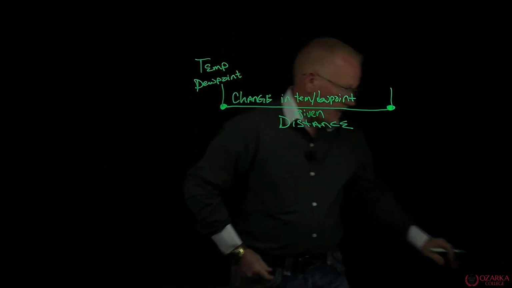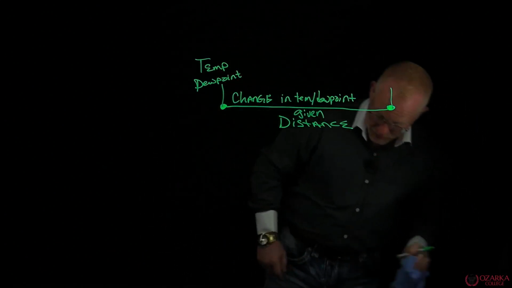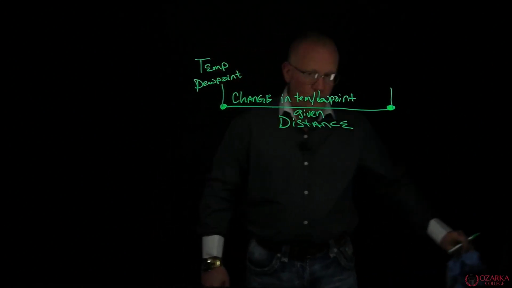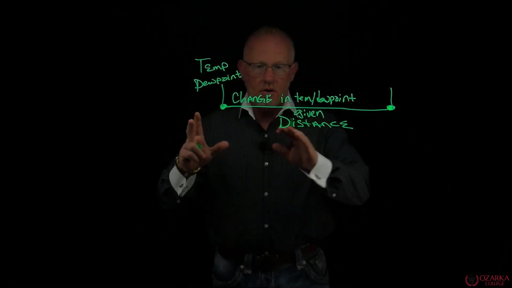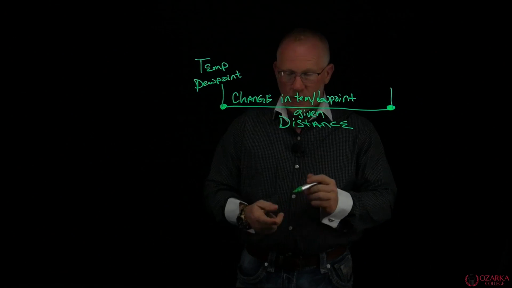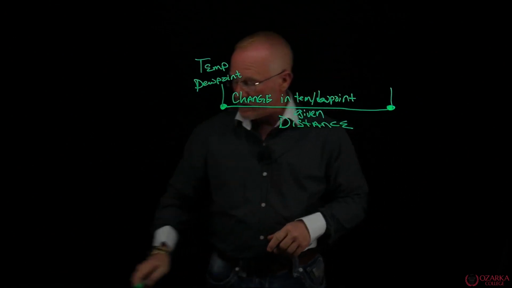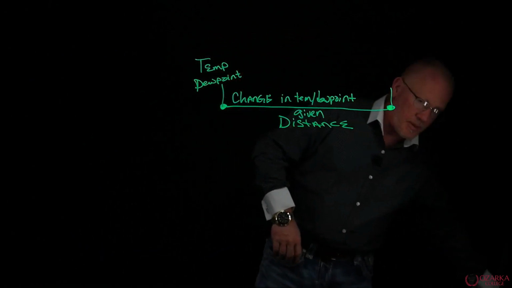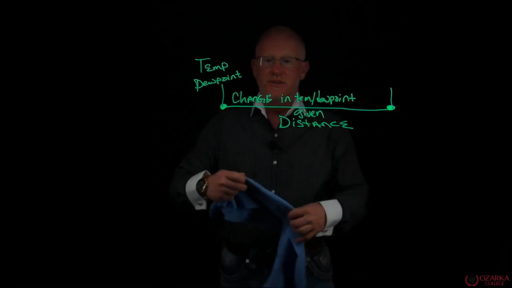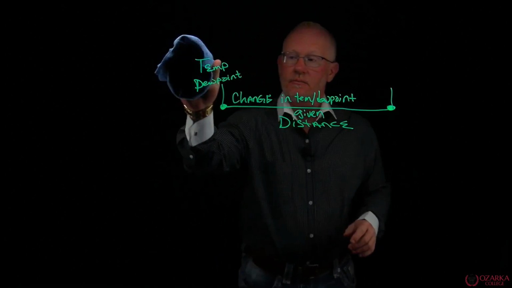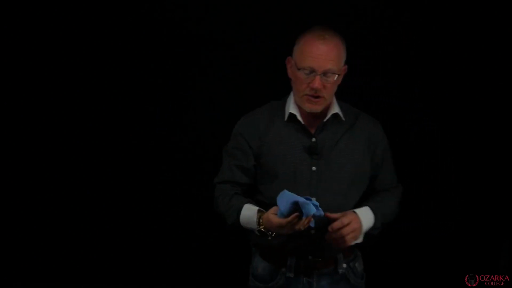A gradient is a change in temperature or dew point over a given distance. So don't stress yourself out too bad about these words. I'm going to try my best just to give you the simplistic definition of them. So that's all a gradient is. If it's a temperature gradient, it's a change in temperature over a given distance. If it's a dew point gradient, it's a change in dew point over a given distance, okay?